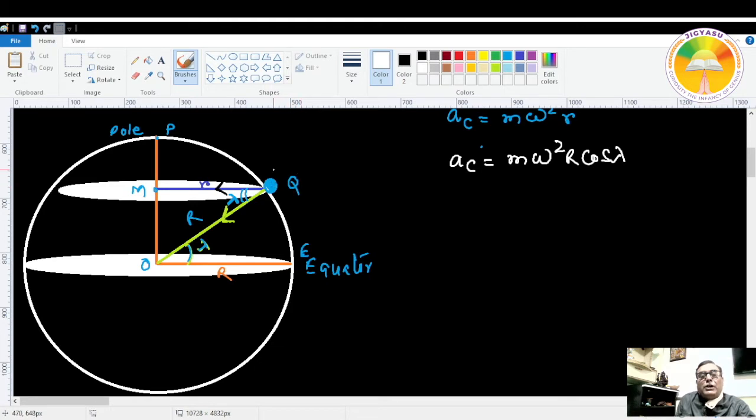If we assume the particle has mass m, then the centripetal force will be acting towards QM, the direction will be Q to M. Who will provide this?